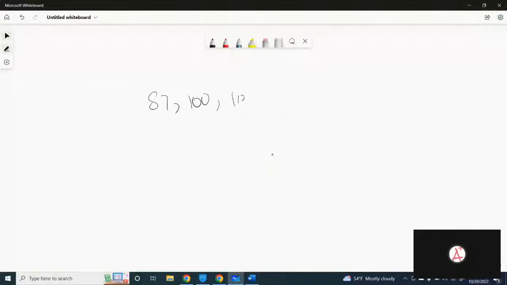Yes, it is arithmetic because the common difference between all the numbers is the same. For each next number, you have to add 13. Got it? 100 plus 13 is 113, and 113 plus 13 is 126. That means the sequence is arithmetic. Got it? Just select the correct option, then click on the OK button.